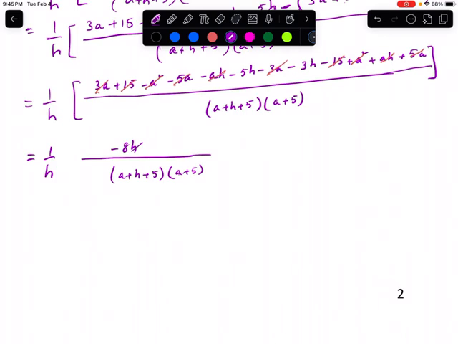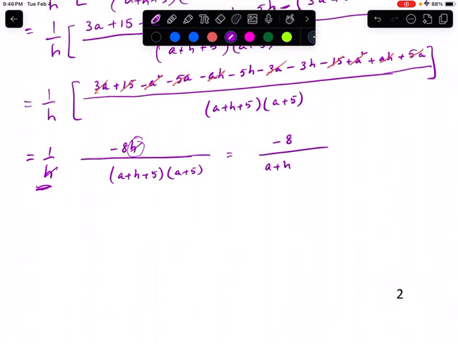Now I can cancel this h with that h, and that is our goal. This is where we want to be. We want to get rid of this h in the denominator. When we have done our algebra, we should have at least one h in the numerator, which we can cancel with the denominator. So I'm left with negative 8 over a plus h plus 5 times a plus 5. That will be the AROC.